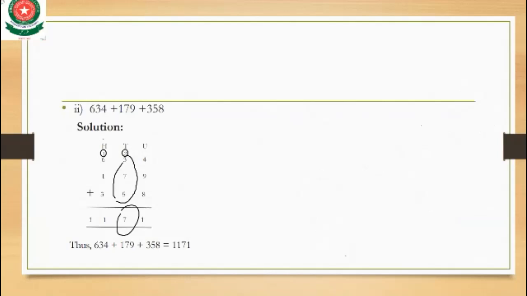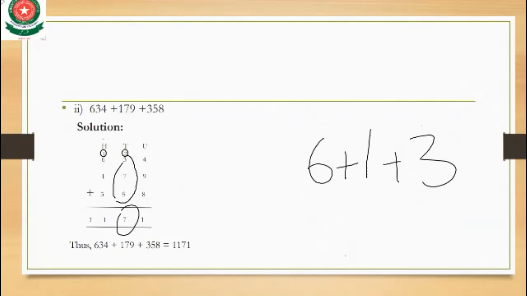So the next digit is 6 plus 1 plus 3. Okay, first you will solve it. 6 plus 1 plus 3.